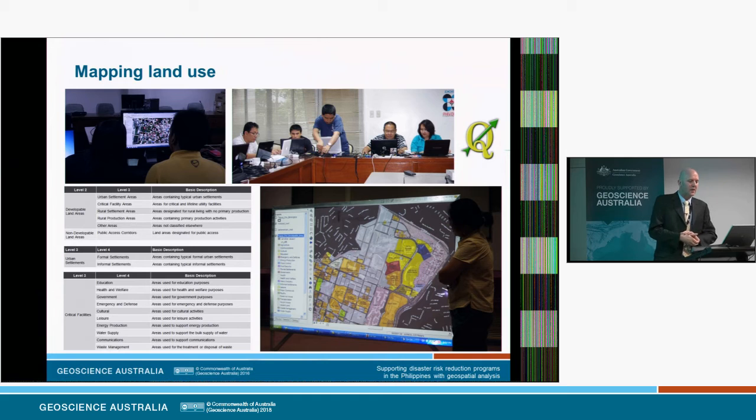So we came up with a hierarchical classification system which had 5 levels of detail, enough to capture the complexity of the urban environment. And it incorporated categories for those sorts of facilities that the Philippines government would regard as important for disasters.